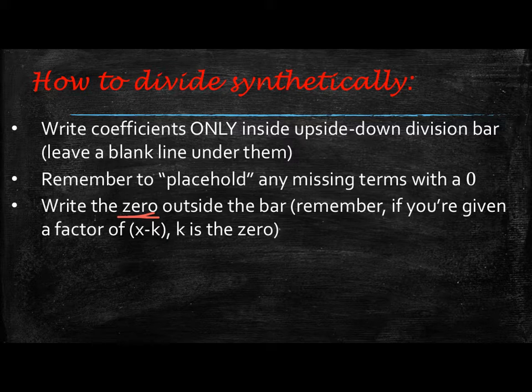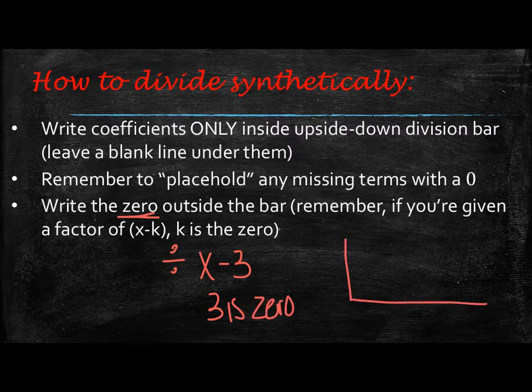Remember, if you're given a factor of x minus k, k is the 0. So if we're going to divide by, let's say, x minus 3, then 3 is your 0. And so that's what's going to go on the outside of the bar. So we'll look at a couple of examples.